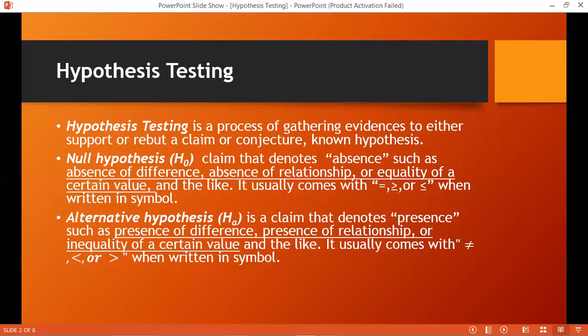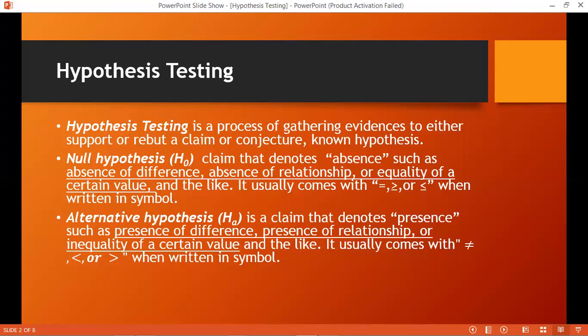For alternative naman, sasabihin mo, there is a difference. Balikan natin ha. Sa null hypothesis, absence of difference. So, walang difference. Sa alternative is merong difference.